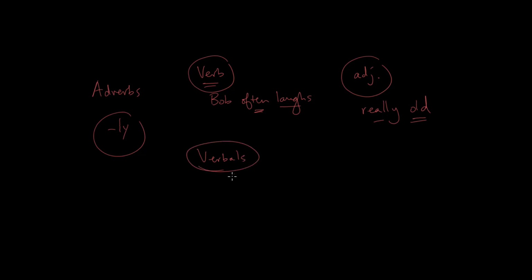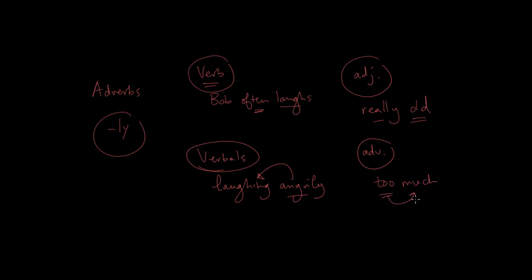So other verbals, if we say, for instance, laughing angrily, then angrily is modifying the verbal, the present participle, laughing. Then we have other adverbs, which is surprising perhaps. So adverbs can modify adverbs. If we say too much, then too is modifying much, which is often an adverb.